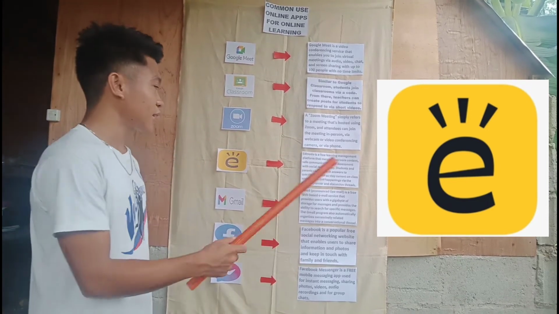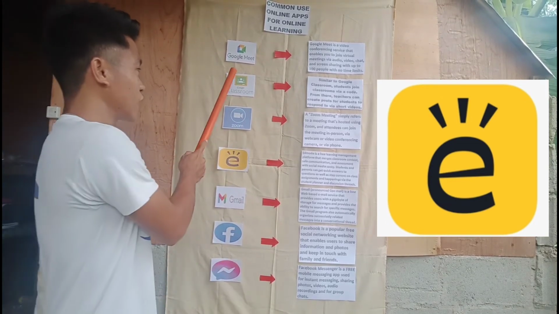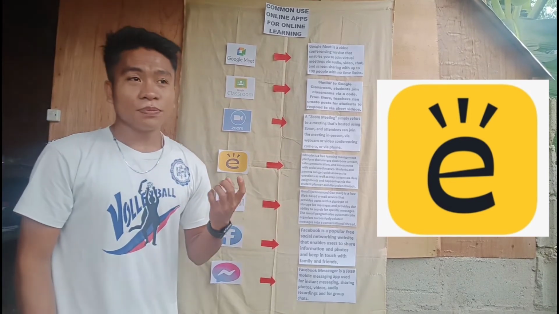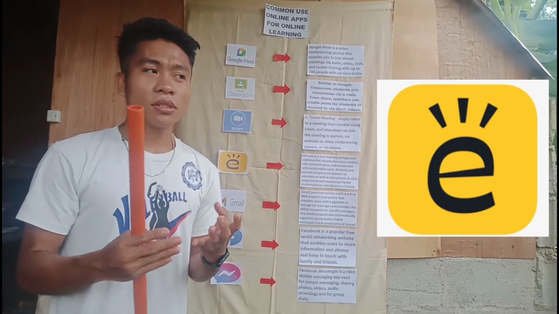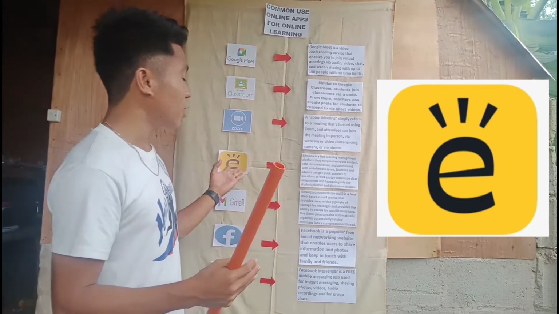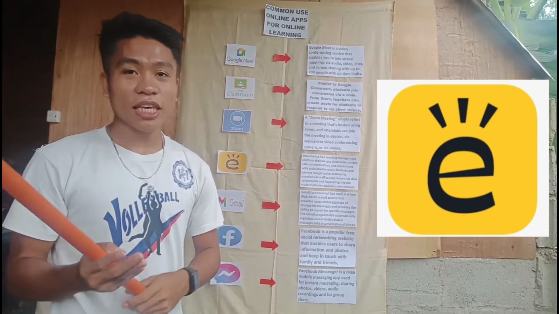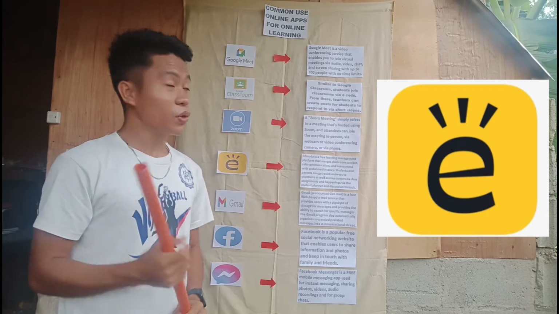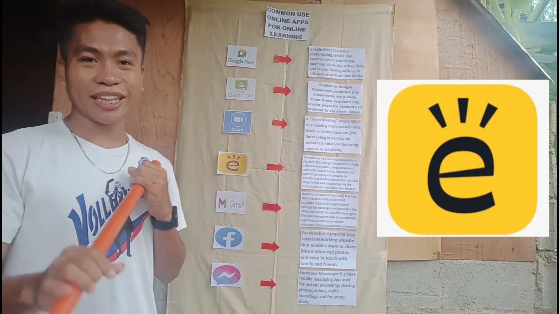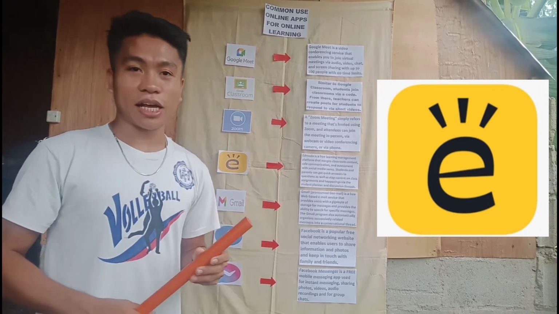Edmodo is similar to Google Classroom, where all the exams, tests, and activities are posted, but the difference is that Edmodo has a time limit. In Classroom there is no time limit, but there is a due date.